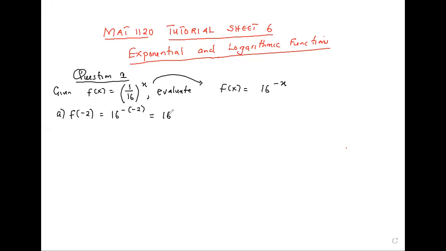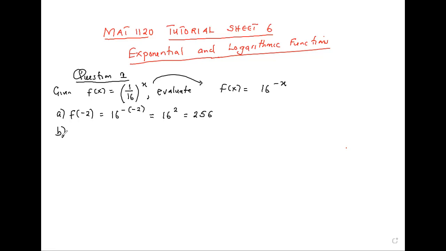So we have 16 squared, which we can find if we evaluate. Me here, I'll use the calculator: 256. For you guys, you multiply 16 by 16. So the idea is just to substitute where there is x.